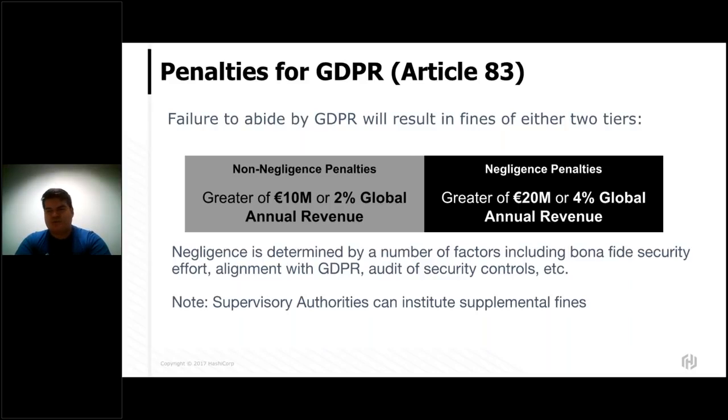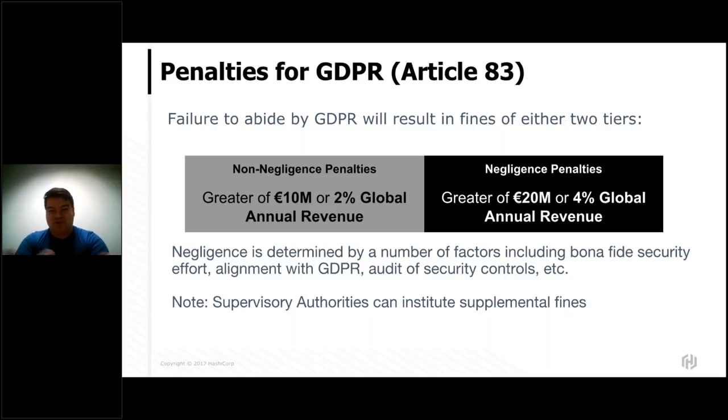But even for small organizations, perhaps especially for smaller organizations, a 4% global annual revenue penalty is significant and potentially crippling, depending upon the economics of your business. It's also critical to note that this applies every time non-compliance is found.